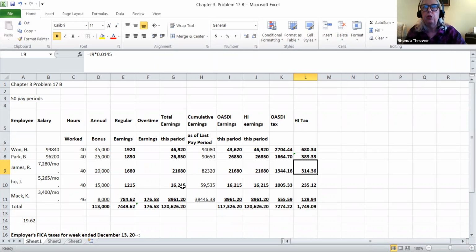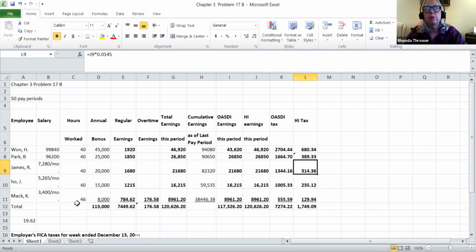Add your bonus to that to get the total earnings, and then the total earnings are going to be subject to the OASDI tax and the HI tax. So you do this one the same way. Then what they wanted you to do is just add up the total for the bonus, the total for the earnings for that pay period, and any overtime earnings.